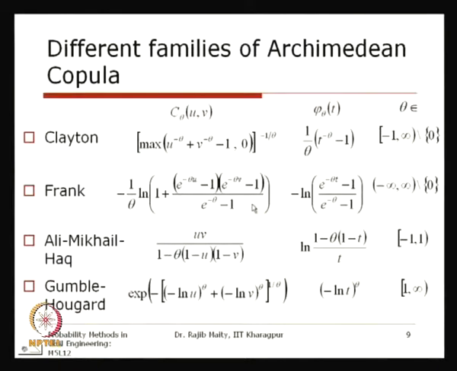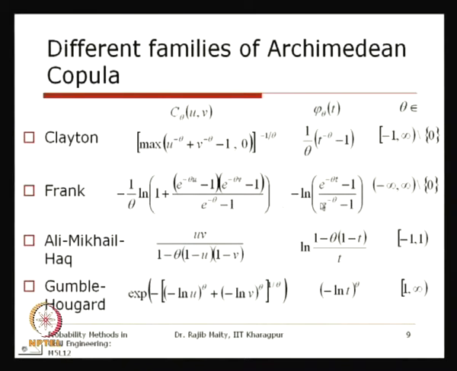For this Frank copula, its generator is minus log natural of e power minus theta t minus 1 divided by e power minus theta minus 1, and the range of dependence is minus infinity to infinity excluding 0.